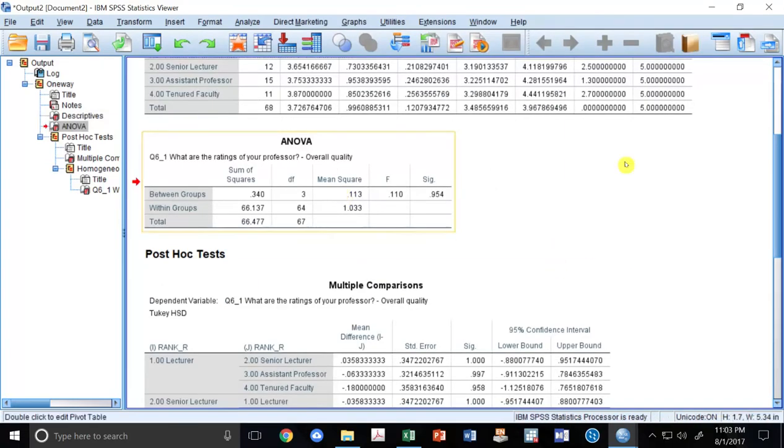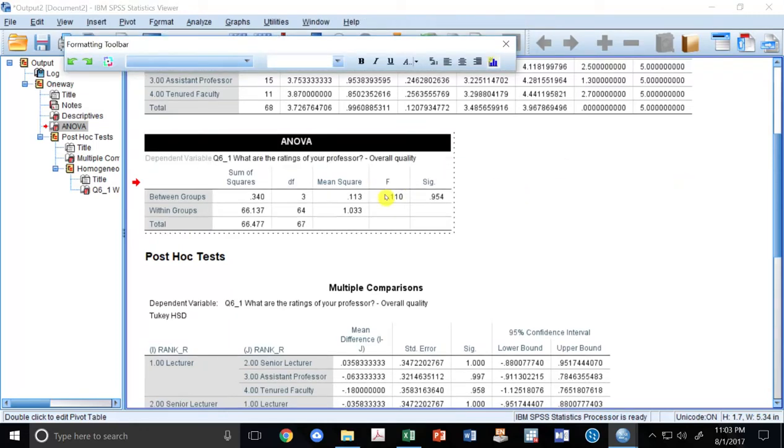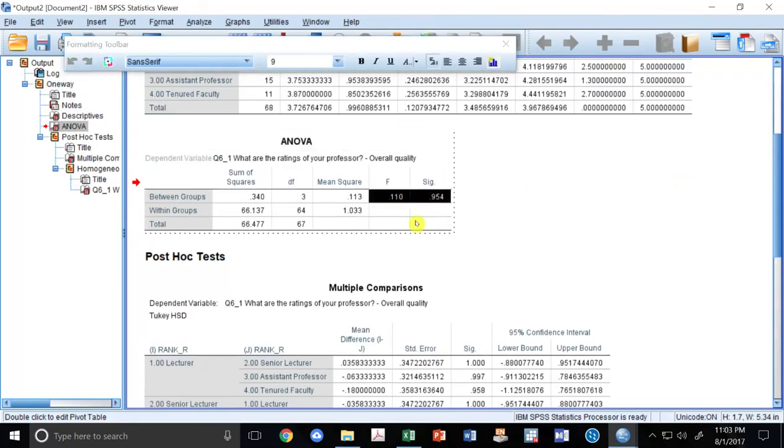And so here's our model results, the overall results of our test, right? What we want to look at here is these two numbers, and really this number here. Just to go over each of these, sums of squares, we're not going to really report that, so you don't really need to know much about that.